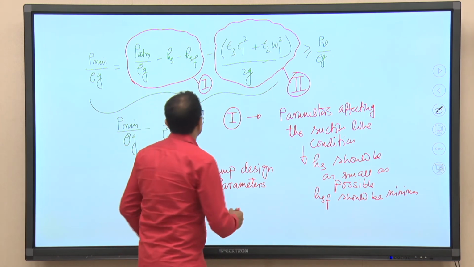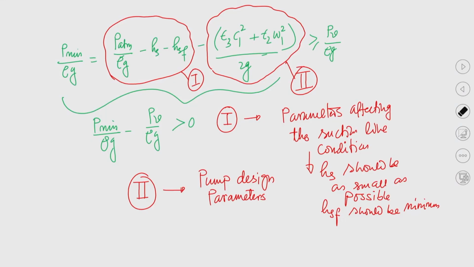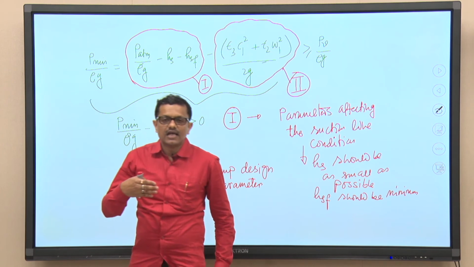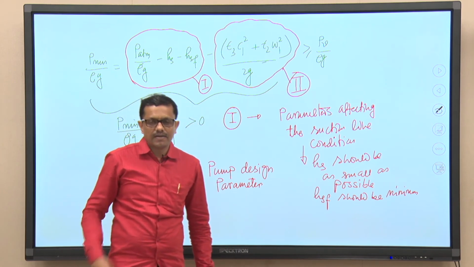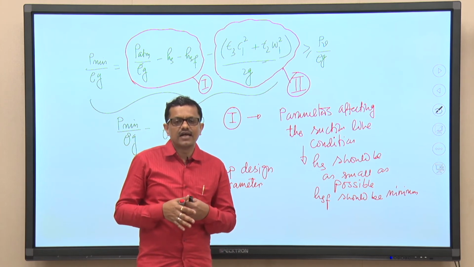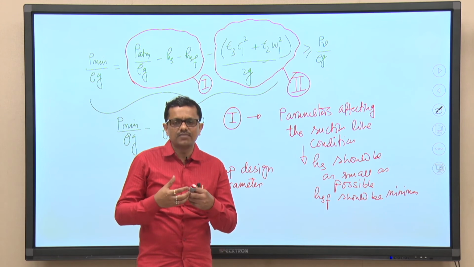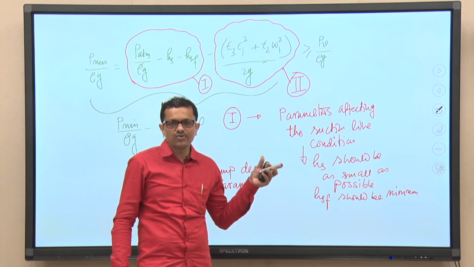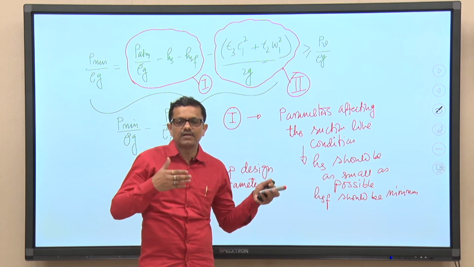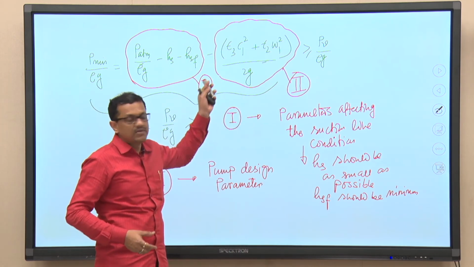Pump should be designed in such a way that cavitation can be avoided. It is not only by suitably designing the system that cavitation can be avoided, but we also need to look at the pump design parameters, so that they also contribute to avoiding it.